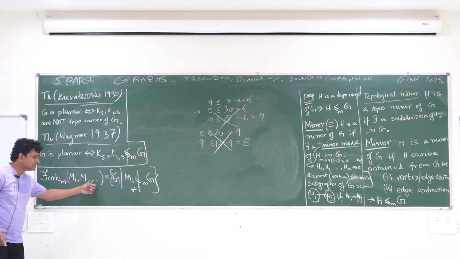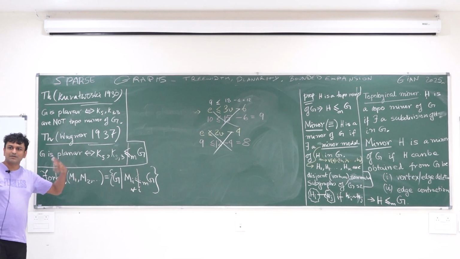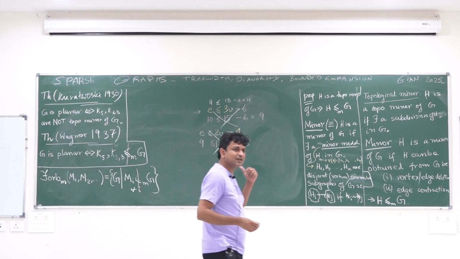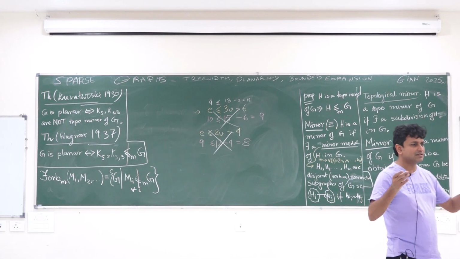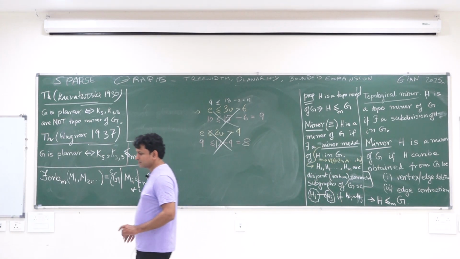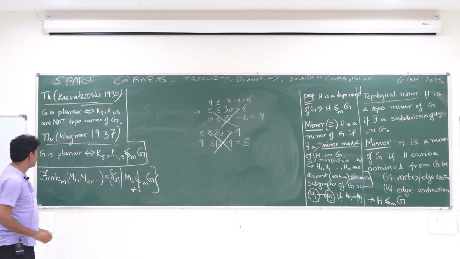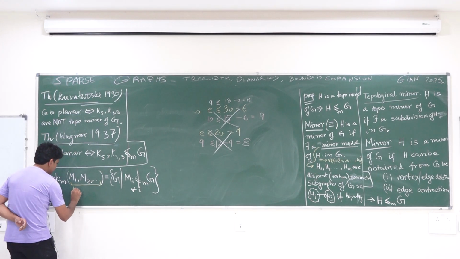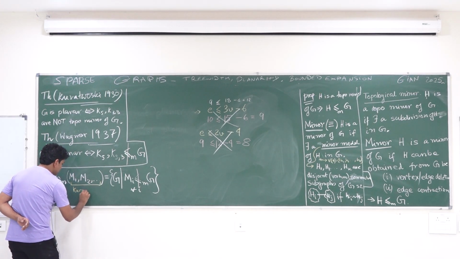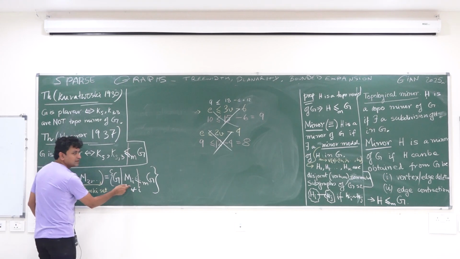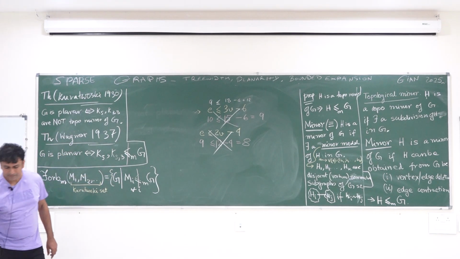So whatever is inside the bracket, none of these are minors, and whatever graphs do not contain any of these as minors, that family is called for n mi's. And in particular, in this notation, this set is called the Kuratowski set of this class of graphs.